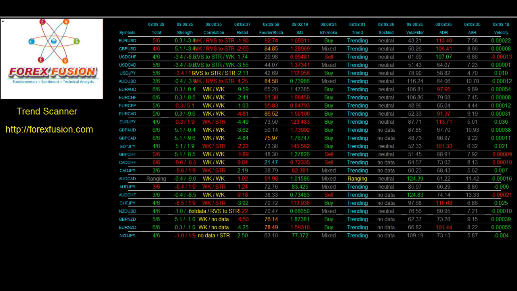The Toolbox has three main components. The first one, which you're looking at right now, is the Trend Scanner dashboard. We'll talk about the reasons why it's important to even have a dashboard, the usage of our dashboard, how to use it, how to get the most out of it, and the different things that it provides.